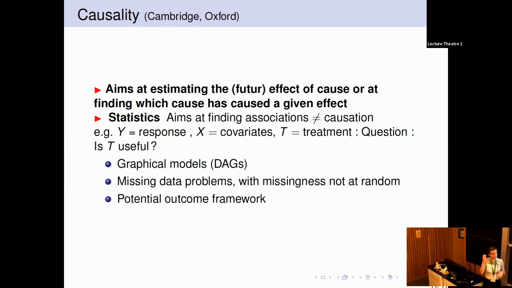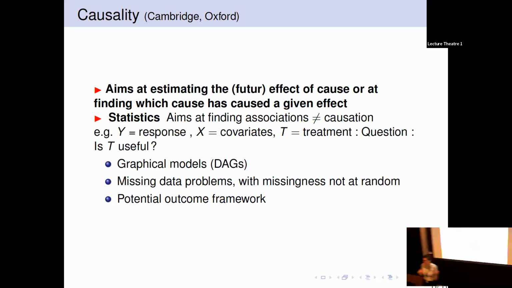They are two different questions, but they look very much alike. An example is that you have some response Y, say the time to death or the time to recovery, and you have some covariates X, the blood pressure, the age, the sex, and so on, and you have a treatment. What you want to understand is whether the treatment is efficient or not. If you have a randomized clinical trial, you can answer this question.